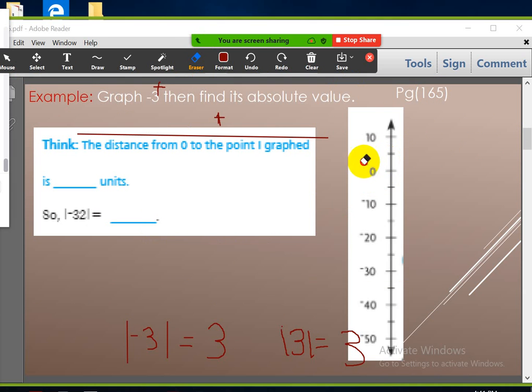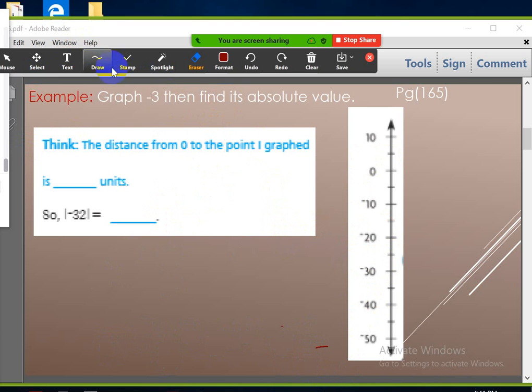I want the absolute value of -32. First thing, to find the absolute value, I have to locate the number on the number line. This is 32, of course.